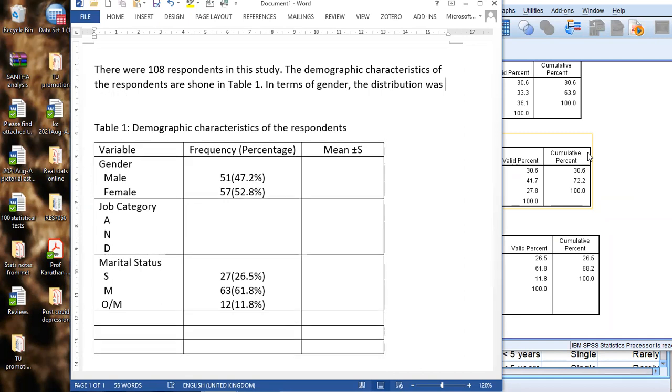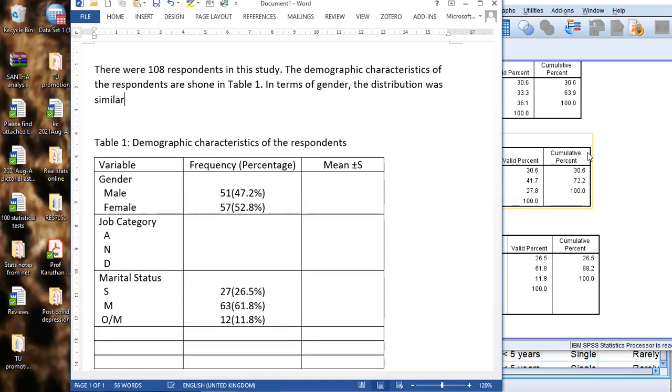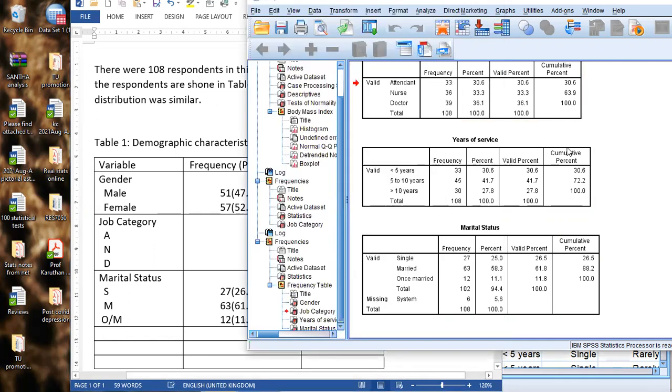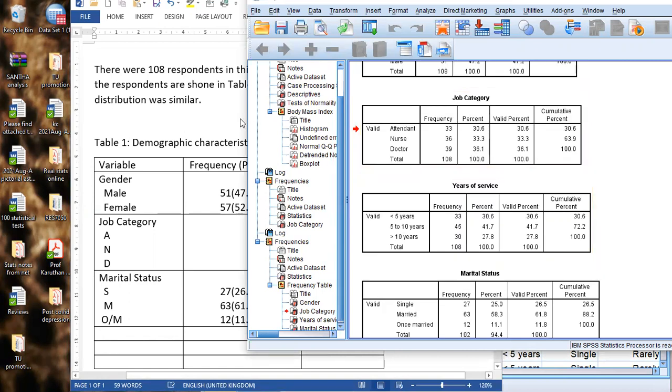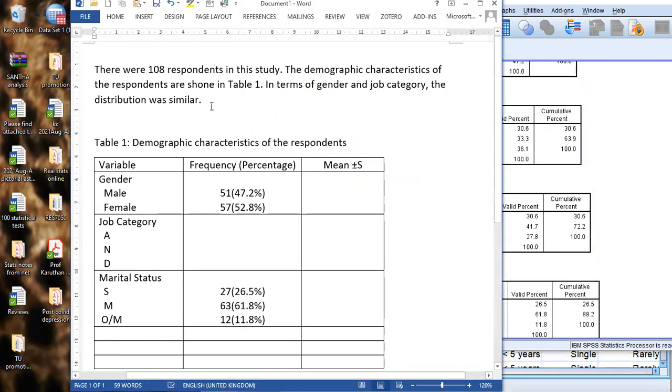Yes, almost 50% each. Right. Job category: are they similar also? Look at job category. Yes, similar. Distributions were similar.